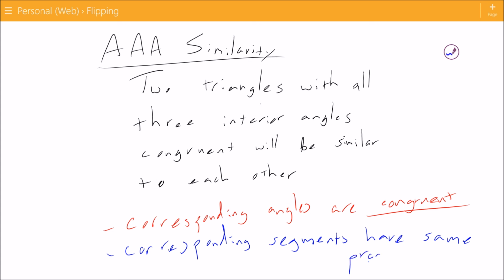I think that sounds better. Which really goes back to the definition of similarity, that two figures, if they're similar, will have the same angle measures, and they will have proportionate sides to the corresponding parts.